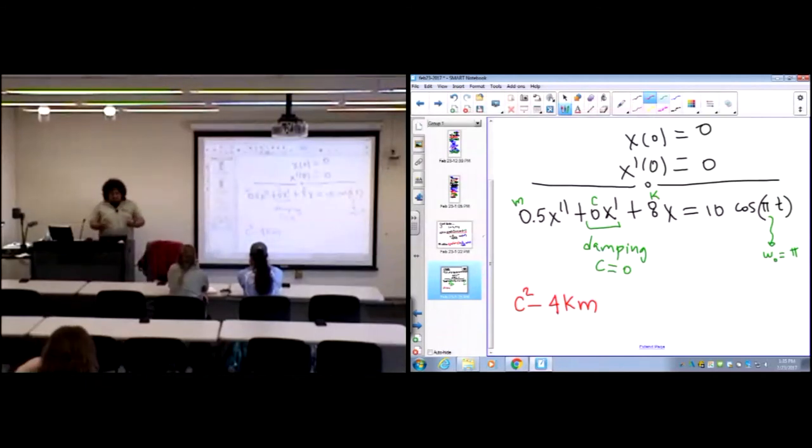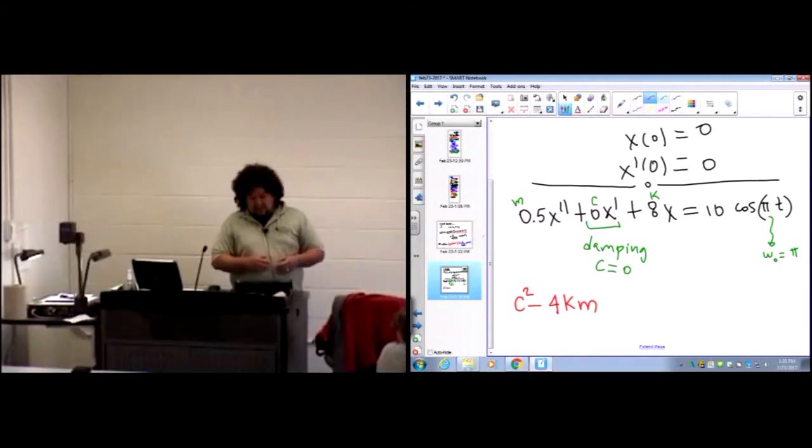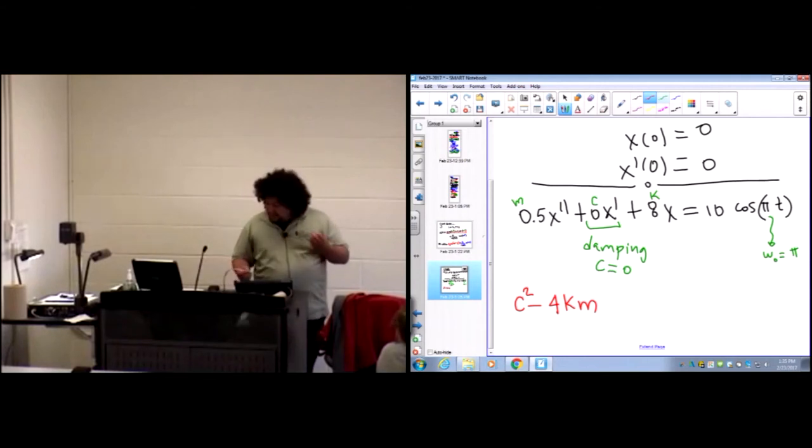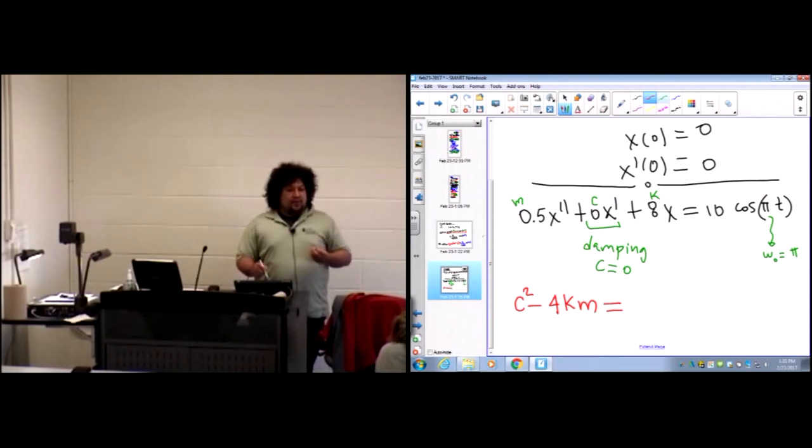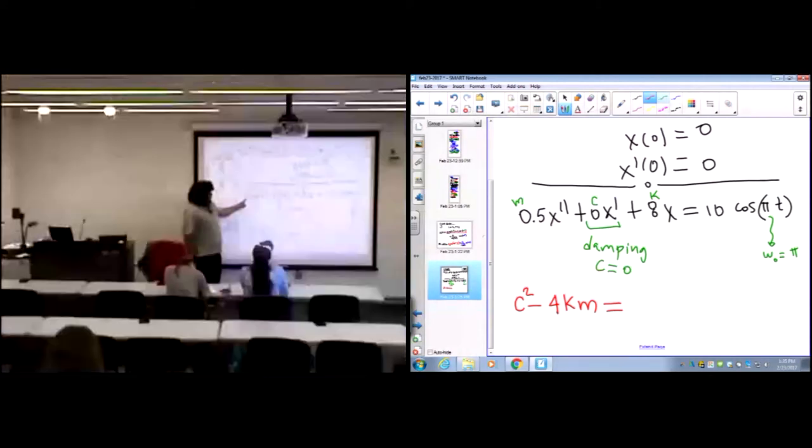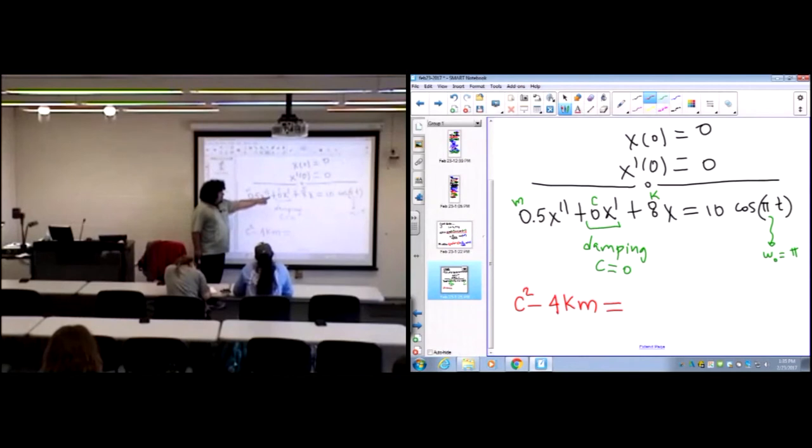But for the sake of doing some further classification, we were going to evaluate c squared minus 4km, or 4mk, right? Look at this: m x double prime plus c x prime plus kx. Think of the characteristic equation. The characteristic equation would be a quadratic, and it would have coefficients m, c, and k, right?